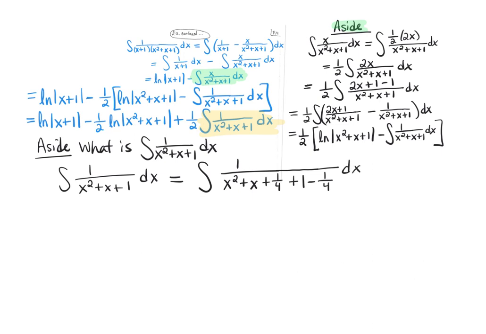So we're going to group this together. This is going to be equal to the integral of 1 divided by the quantity x plus 1/2 squared. All of that, 1 minus a fourth is 3/4 dx. Okay, so now we have this 1 over x plus 1/2 quantity squared plus 3/4.